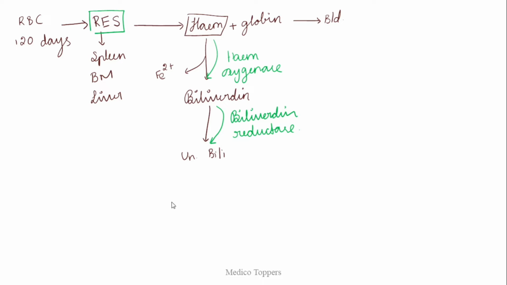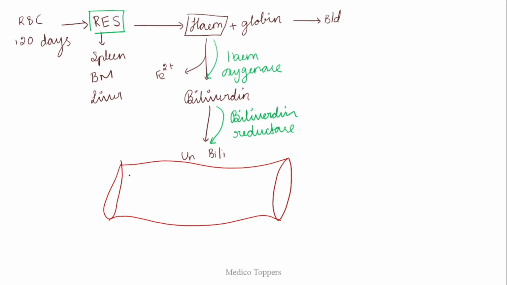So now what is happening? This unconjugated bilirubin is entering into our bloodstream. It gets united with albumin, which is present in the blood.